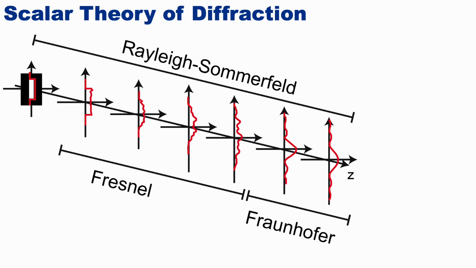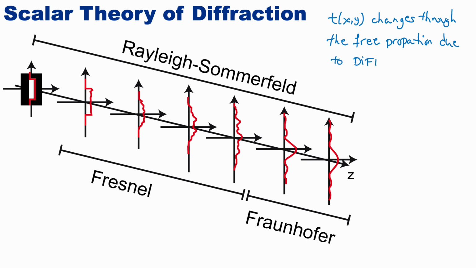But what you can see here is that our aperture transmittance changes through the free propagation due to the diffraction. If diffraction does not occur, we're always gonna have the same rectangular function. But because diffraction occurs, we're gonna change the pattern.